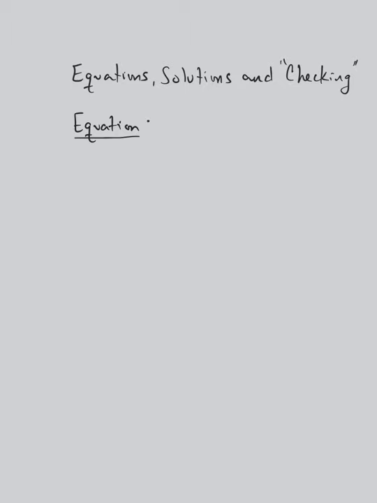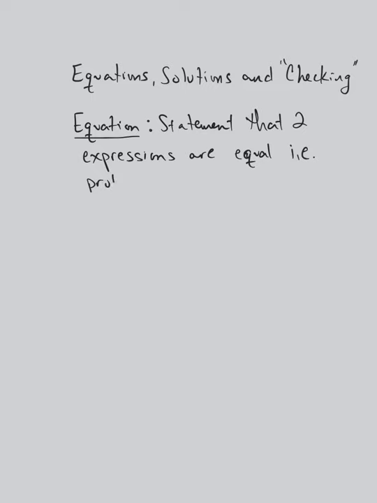But what an equation is, it's a statement that two expressions are equal, okay? And so equations are composed of two expressions, and the key thing is you're saying that they are equal. One way to think about that is that the problem comes with an equal sign. And so that's the key thing.